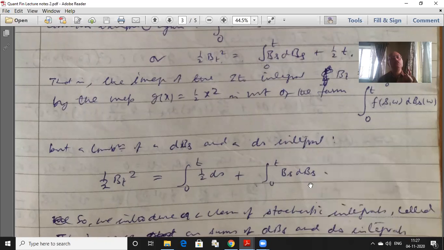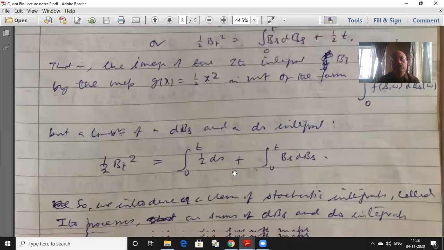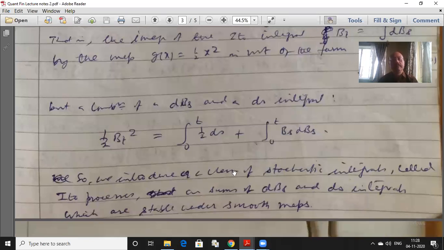We know this to be true for the particular function half x square. Is that true for a general class of nice functions? That's where our Ito process comes in. We say that a class of stochastic integrals are Ito processes.